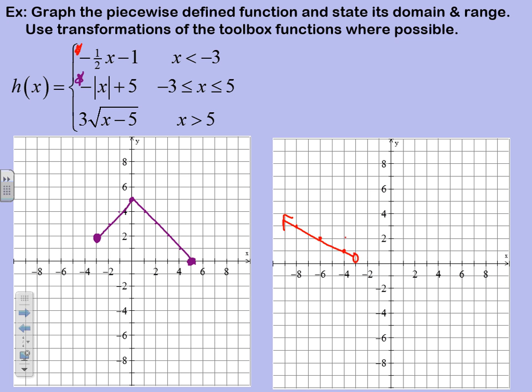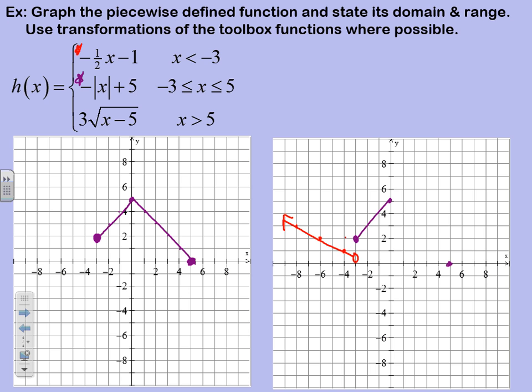So I have a point at +5. I have a point at -3 and +2, so I have a point right here. And then I have a point at 5 and 0, so I have a point right here.